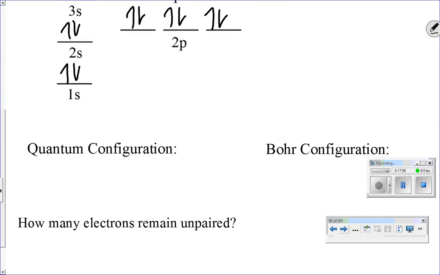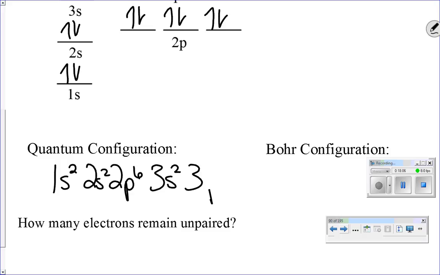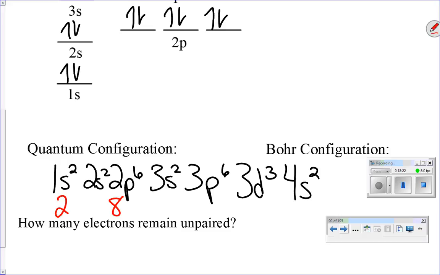So my quantum configuration for this one is going to work out to be 1s2, 2s2, 2p6, 3s2, 3p6, 3d3, 4s2. We do group those together even though they didn't really fill in that order. I know that's a little bit strange. So look at our Bohr configuration: 2, 8, 11, 2.